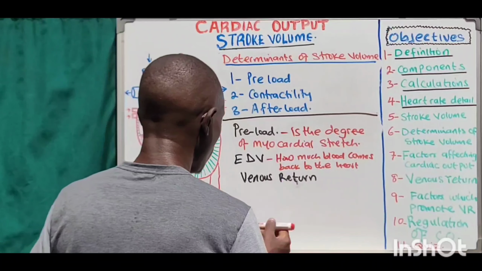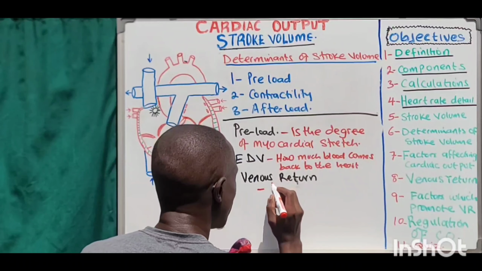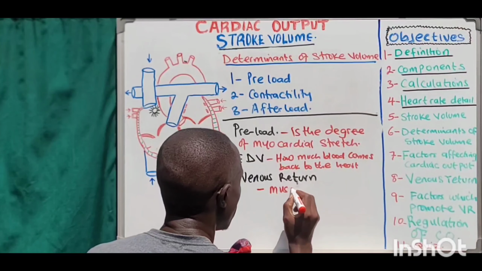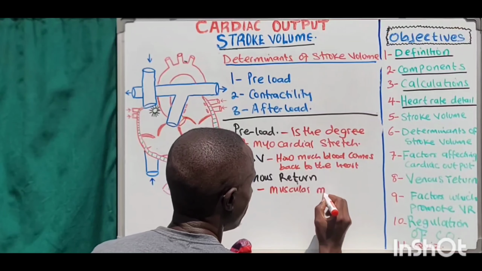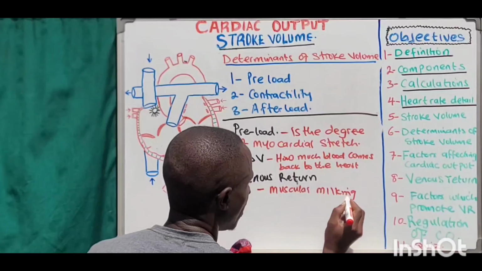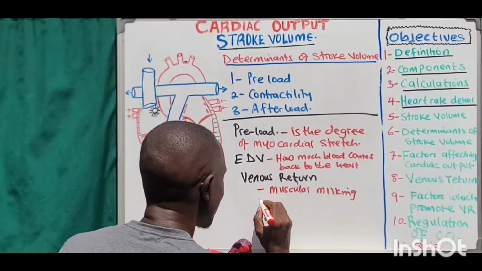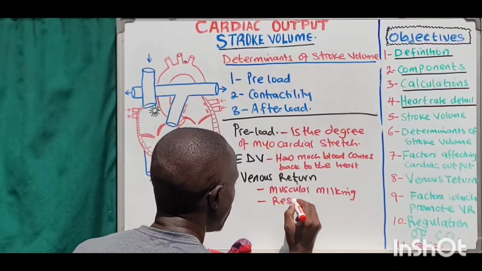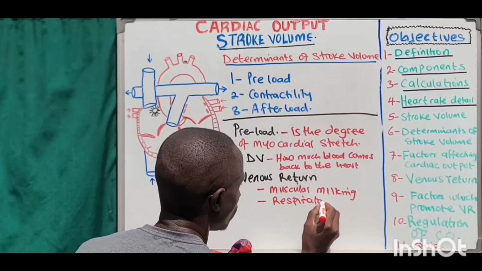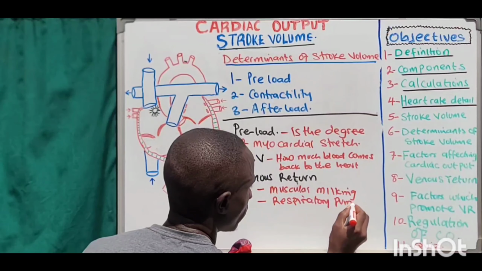The first one is muscular milking. The second one is the respiratory pump.